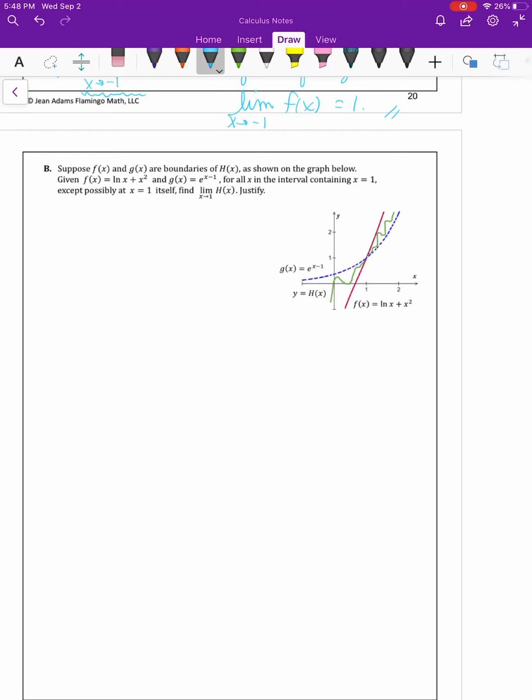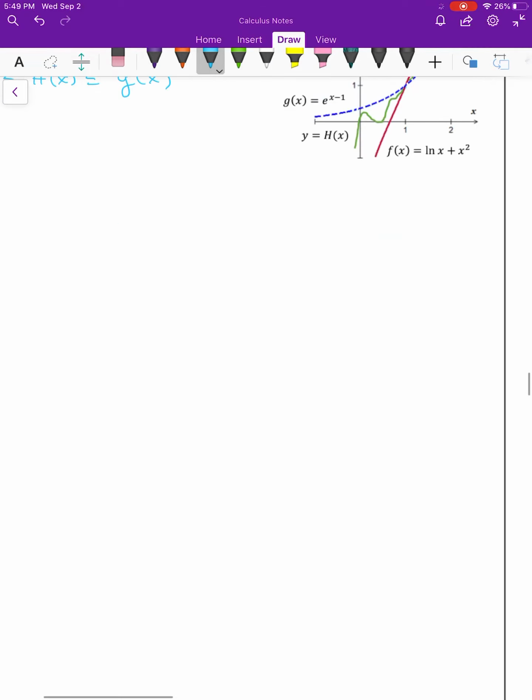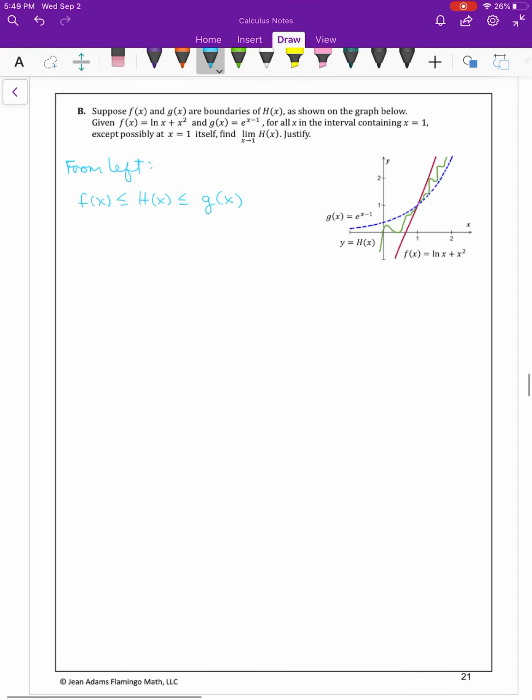And you can see that from the left-hand side, so from the left, you've got your f of x is less than or equal to your h of x, which is less than or equal to your g of x.